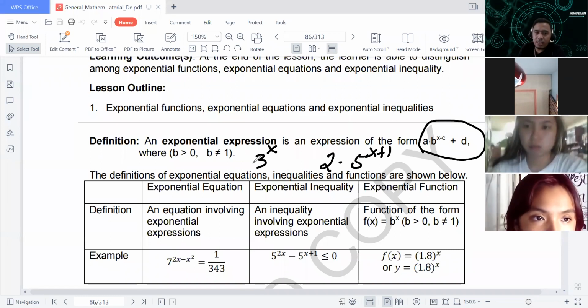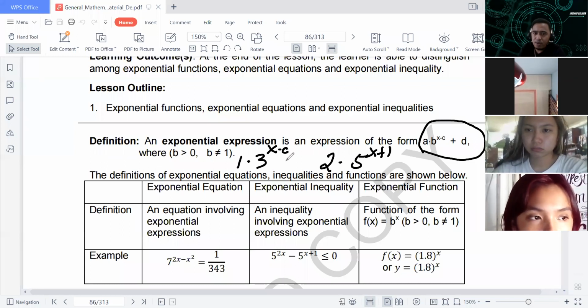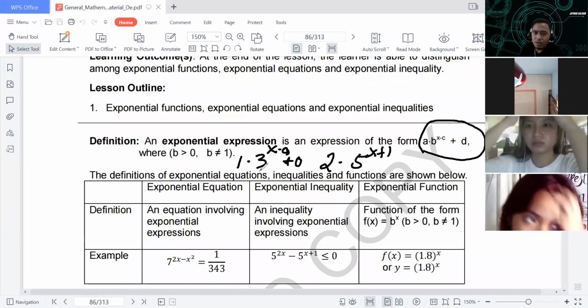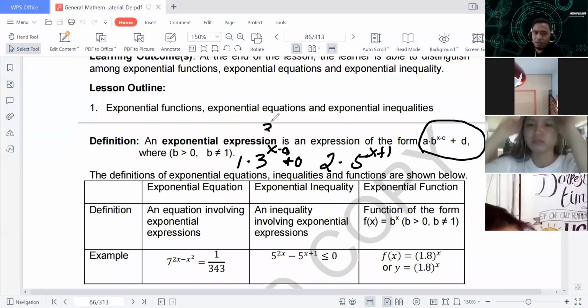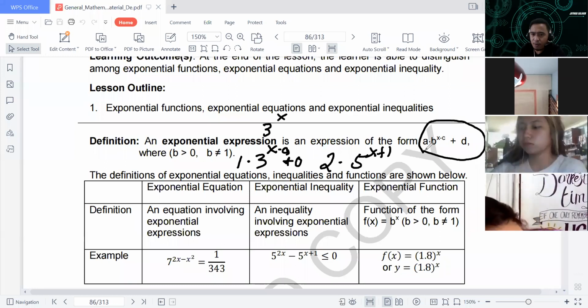In this case, you may treat that here your A is 1, your B is 3, your C is 0, and your D is 0. So the 3 to the x is also of this form.